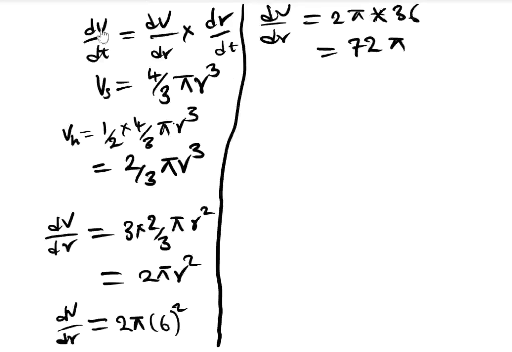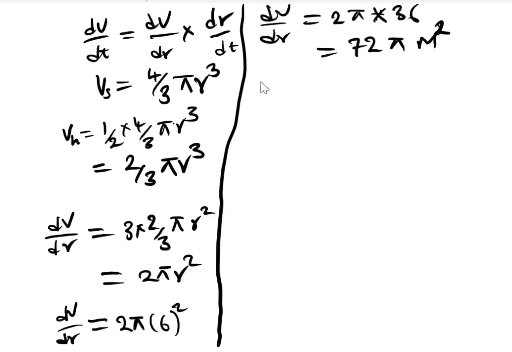We already know that dV/dt is 18 pi meter cube per second. The unit of dV/dr should be meter squared, because volume is in meter cube and radius is in meter. Therefore, we can substitute this 72 pi meter squared in this expression and find dr/dt.